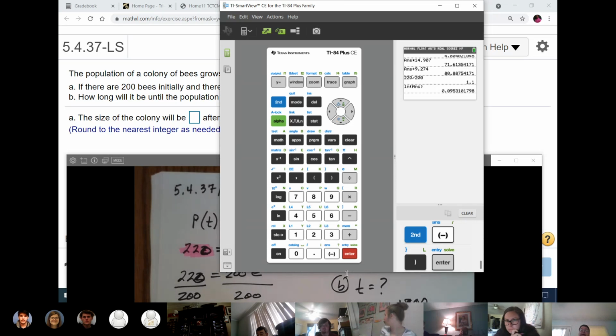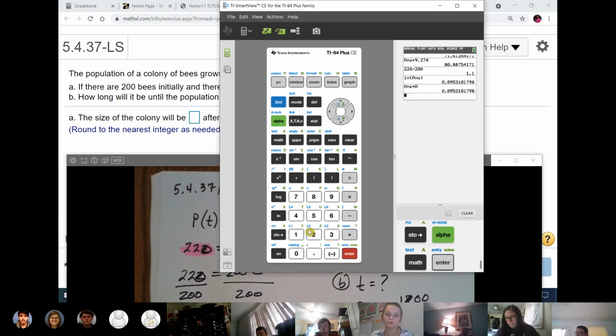You can store that. Hit the store button and you can call that alpha A if you want to. Just keep it in there, and that way you don't have to round it. Because we're going to use that here in a second. That is equal to k.